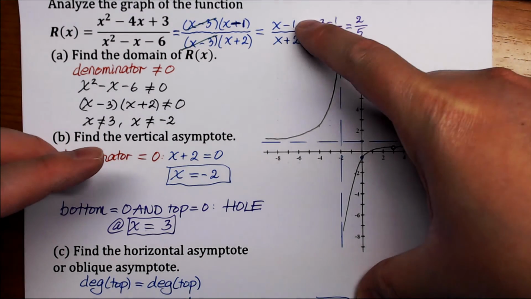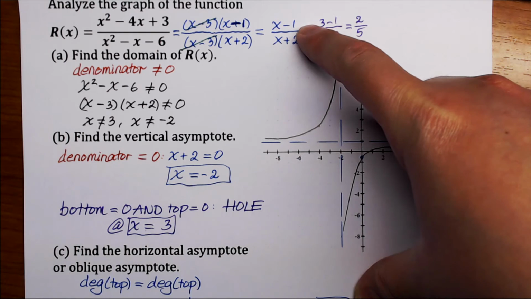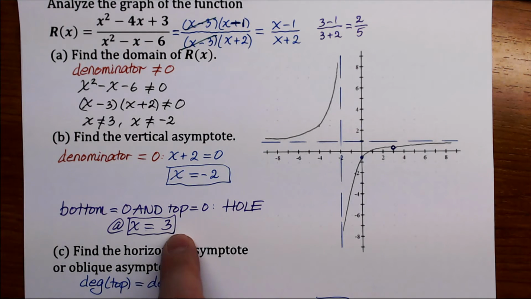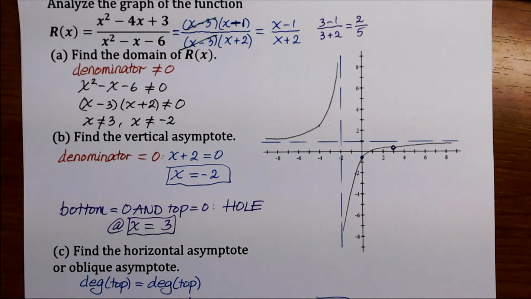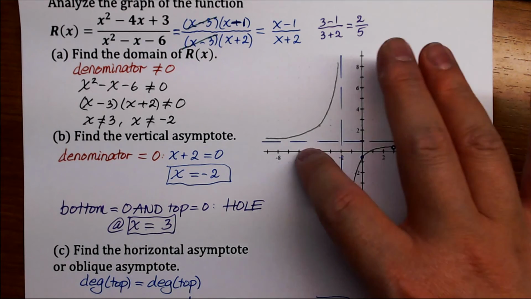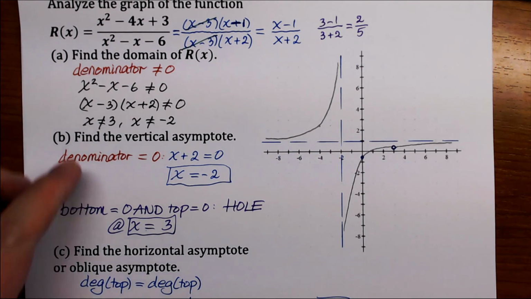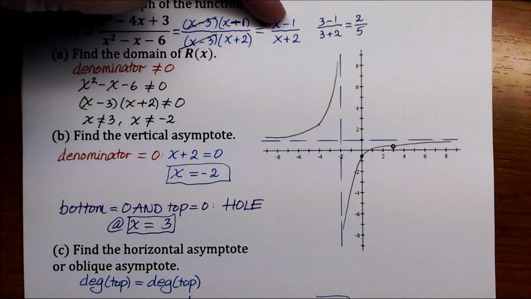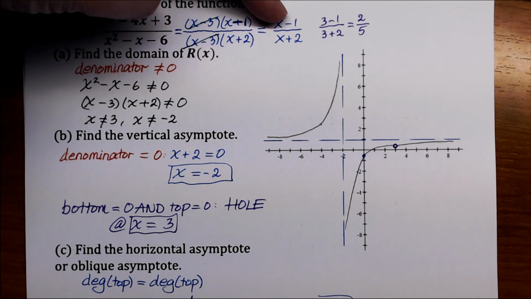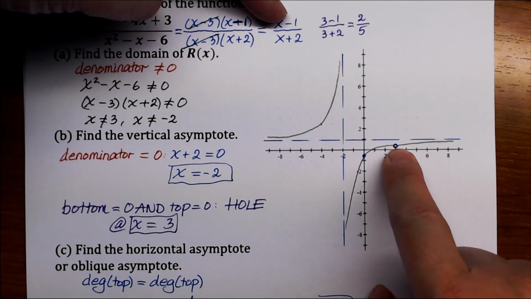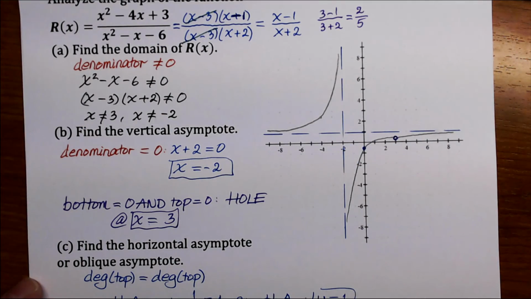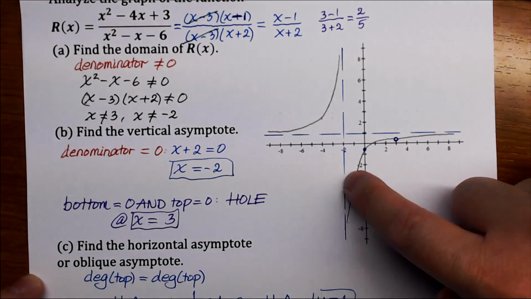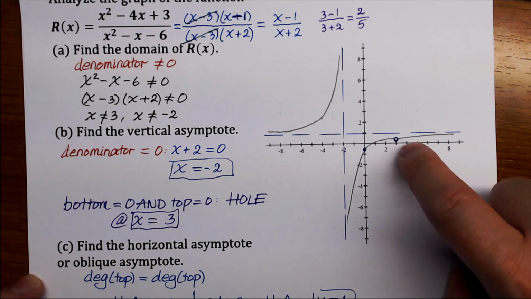We do need to check for the hole on the graph, which is where both the top and the bottom equal 0. Anyway, so that is the graph of the function. Again, those two functions will be almost the same, except for the hole on the graph for that function. If we graph the reduced function, it will be just continuous on that portion, and there will be no hole for this function.